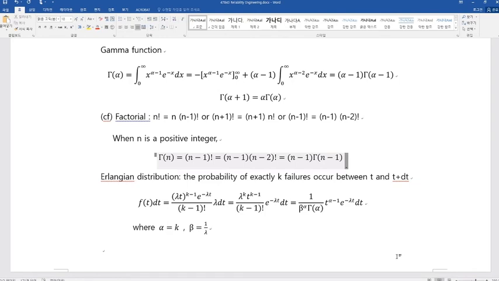Also, the gamma distribution has a relation with the Poisson distribution.